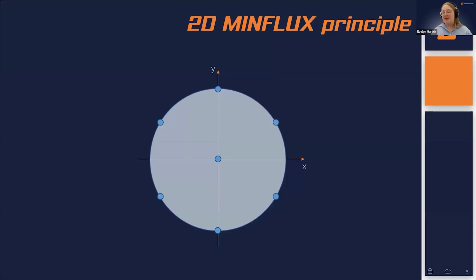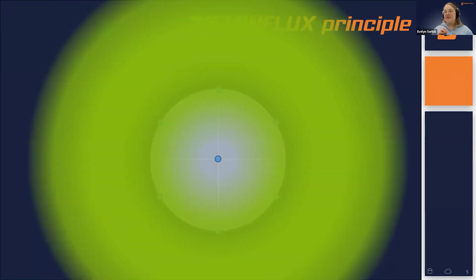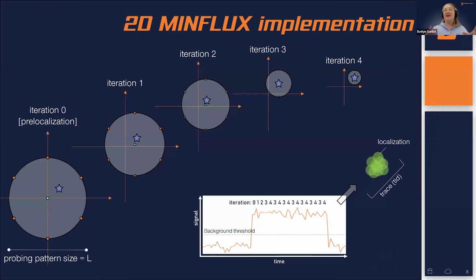So our 6 points are in 2D, again, as Xiaoyu's already explained, but just as a nice visualization, we're placing our donut directly on each of these points, recording information, and then using that information to calculate a position for our molecule and recentering our pattern before we then iterate down to a smaller pattern.